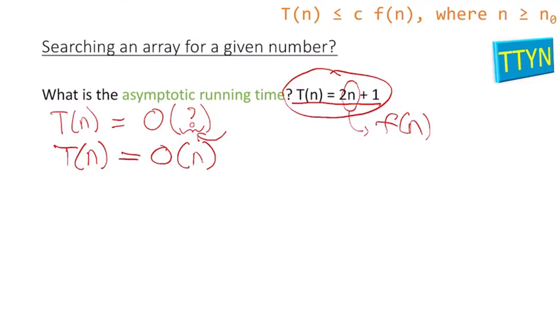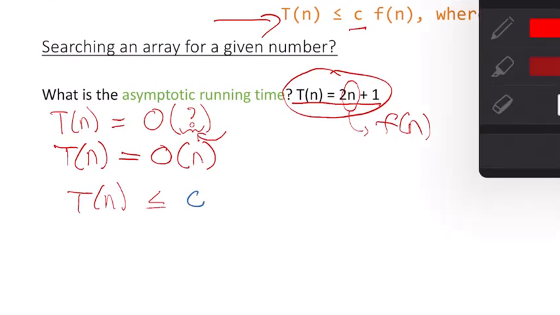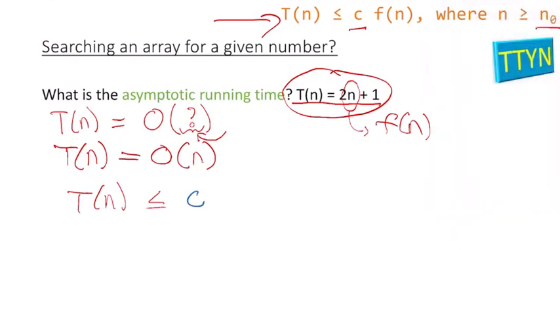To prove that, we have to find some constant c and some constant n naught where the function holds. So we have to say that T of n is less than or equal to some constant c times f of n, which we said was just n.